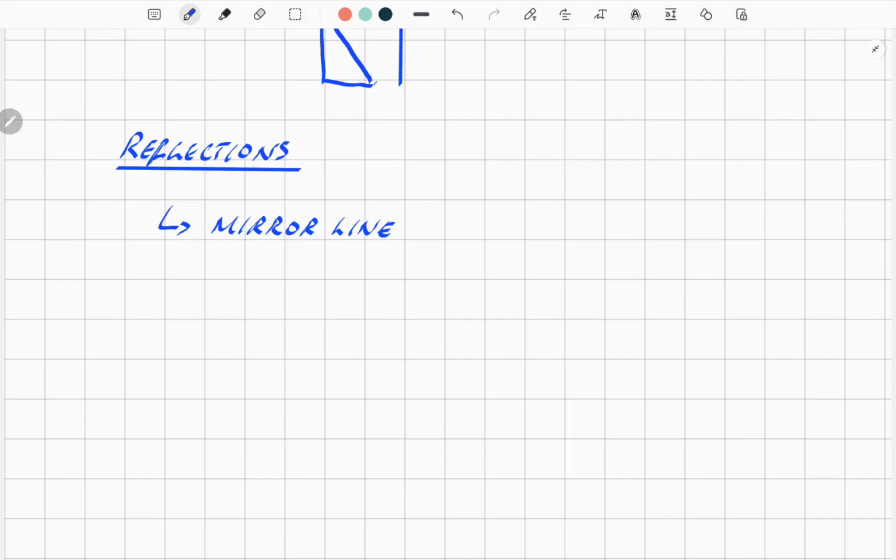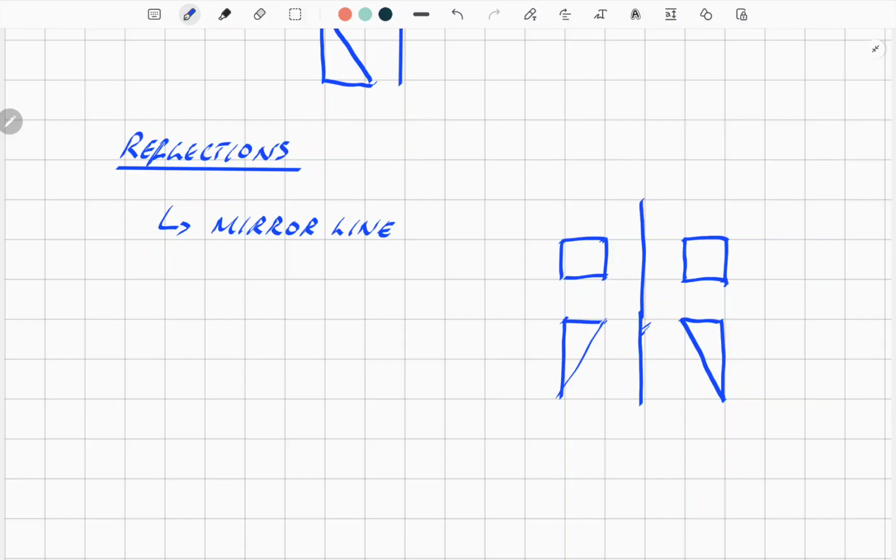Okay? So we know with reflections in general, if you have a shape and you reflect it, this is your mirror line, right? That one there. And it'll be effectively the same shape, but flipped around. So if I had a triangle there, like that, and you had the mirror line, same thing, it gets flipped. The shape more or less remains the same, but it will get flipped across.